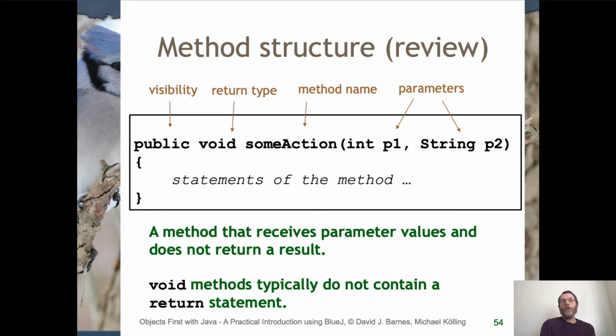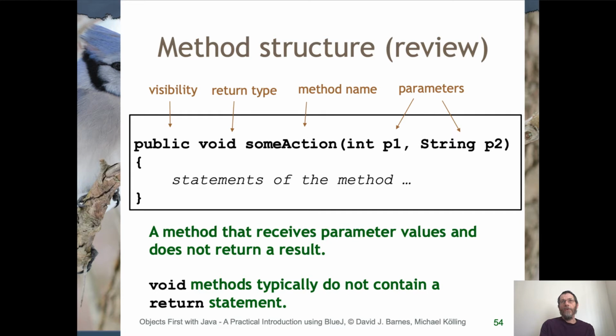So whatever calls this method will be expected to provide 2 values to be received by those particular parameters P1 and P2. The first value will be an integer, and the second value will be a string or a piece of text. And then inside the body of the method, there'll be some actions that are carried out, typically using the values that have been passed in to the call of that method.